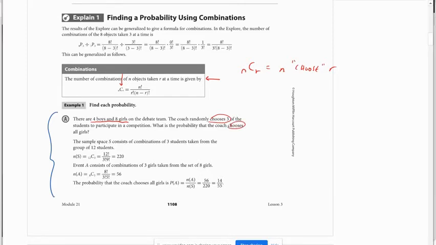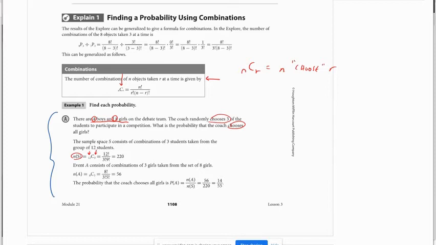And so the number of items in the sample space, we have 12 people, meaning 4 boys and 8 girls. So we have 12 people, and we're choosing 3 of them to go to the competition. So that's 12 choose 3, or 12 factorial over 3 factorial, 9 factorial, and that is 220.